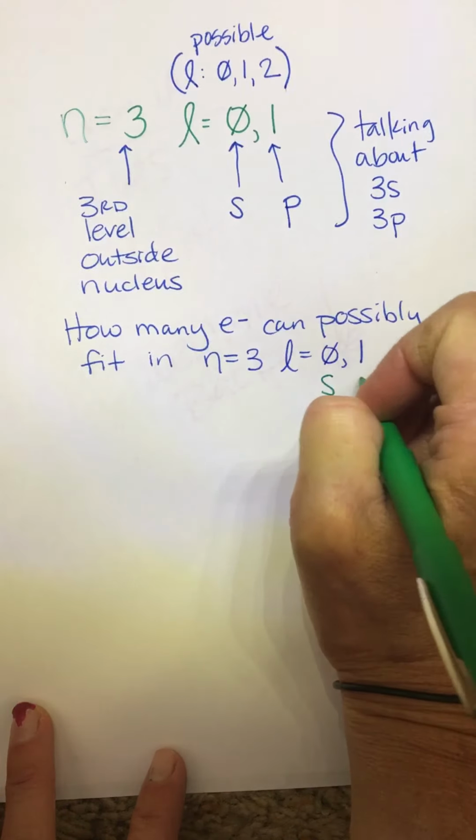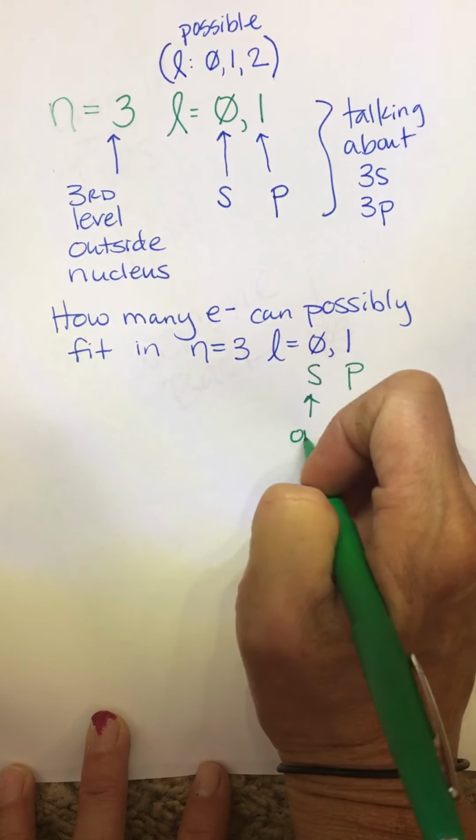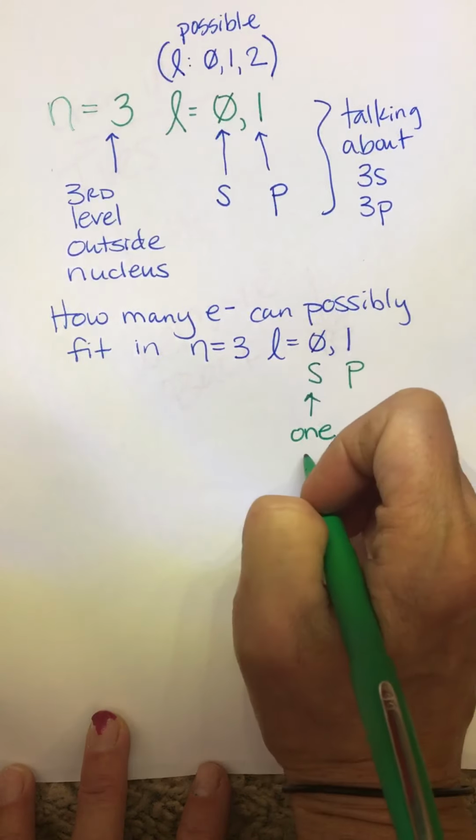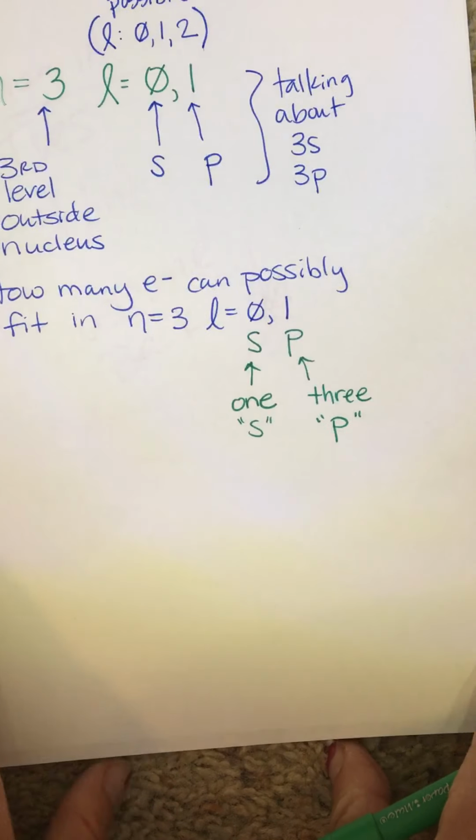How many types of s orbitals are there? Remember, when we did our m sub l values, we only have 1 type of s orbital. But when we did our m sub l values for the p's, we found out that there are 3 different values, so we have 3 types of p orbitals.